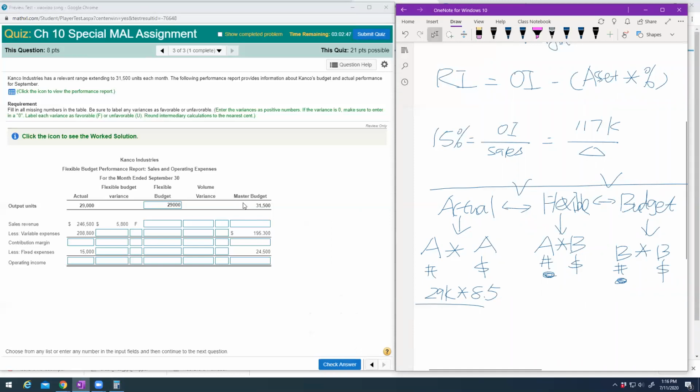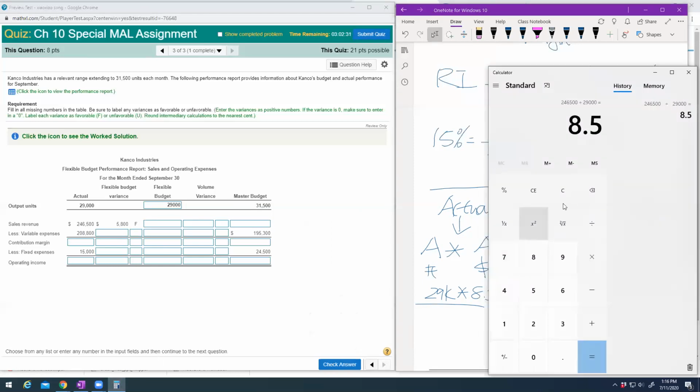And then the budget, I don't know. But here I can tell: you say actual is 246,500 and it's 5,800 favorable than your flexible budget. How do you get your flexible budget? Your flexible budget will be 5,800 lower than your actual.